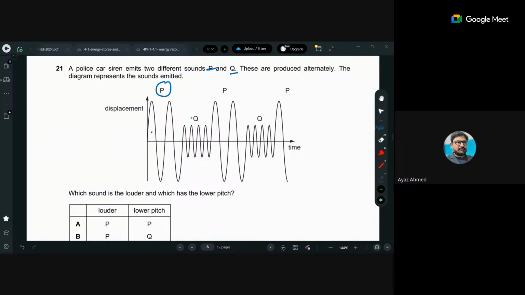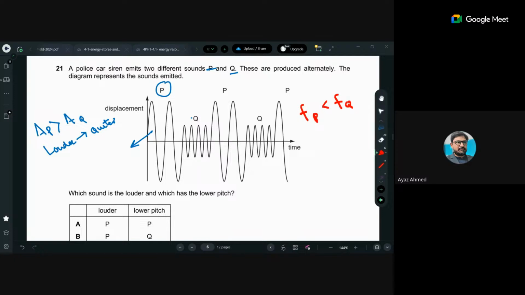So, what about the amplitude of P? Higher, so the sound is louder. It's greater than the amplitude of Q. So, louder and then quieter, or less loud, you can say. Okay, the next is: what about the frequency of P and the frequency of Q?